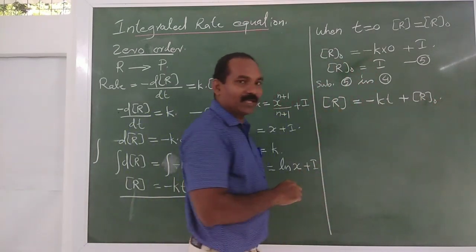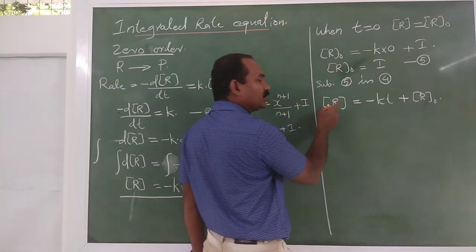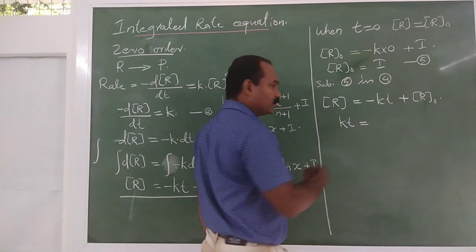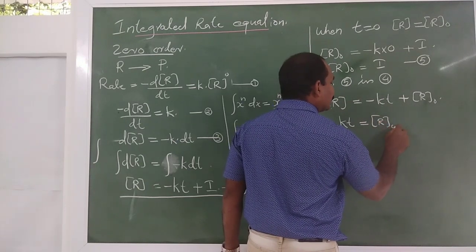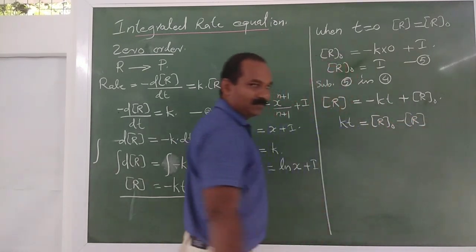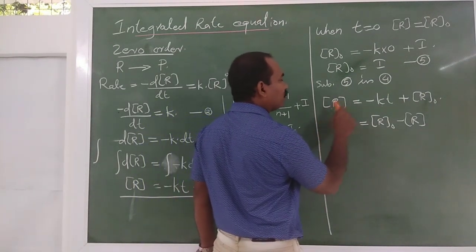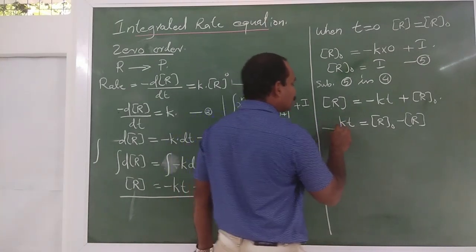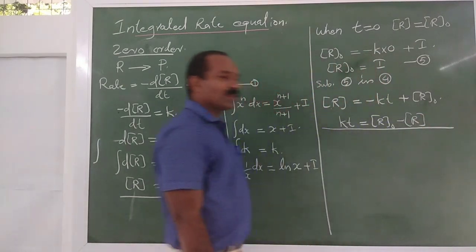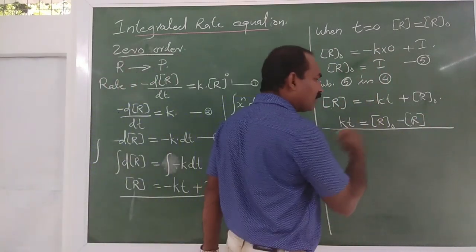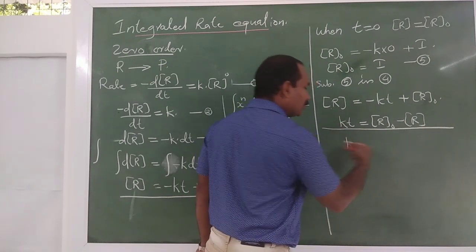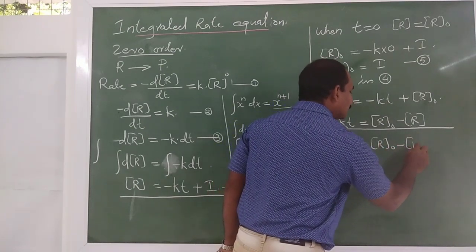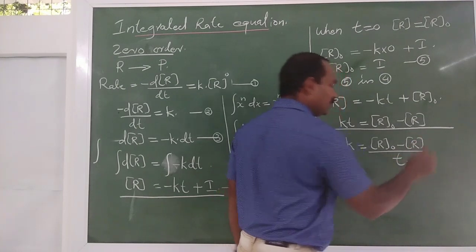By rearranging the equation, kt moves to the left side and R goes to the right side. k into t is equal to concentration of R0 minus concentration of R. Again one more rearrangement: k is equal to R0 minus R divided by t, with t moving to the denominator.